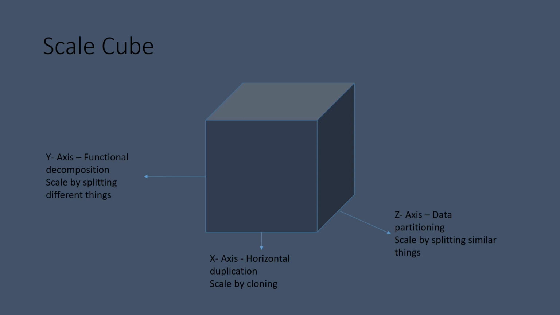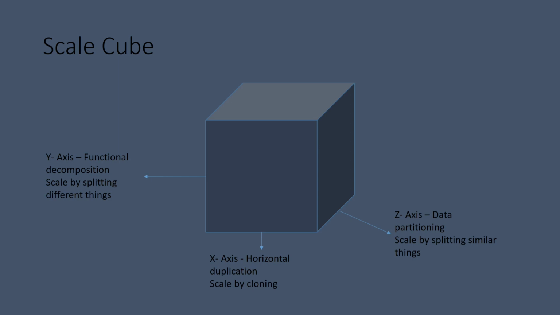These three axes represent the types of scaling that can be done on an app: scaling by cloning, scaling by splitting similar things, and scaling by splitting different things. For our scenario, we should consider the y-axis, which is scaling by splitting different things, where we would try to split the monolith into different functionalities. Now, once the monolith has different modules, we can start moving to microservices.